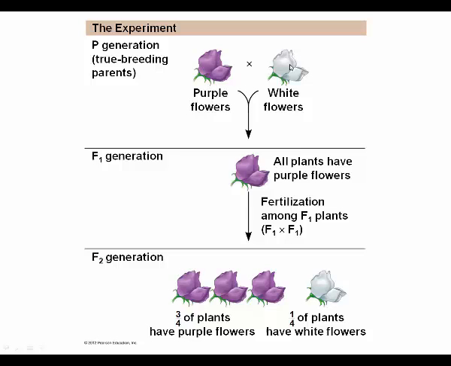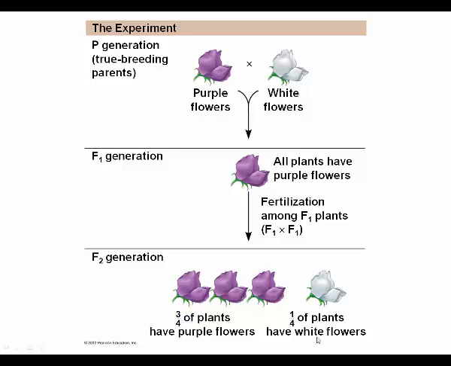When he mated these two P generation plants, whether he made purple or white female or male didn't matter. The F1 generation was always purple flowered. Something was masked, the white color was masked, and that was considered to be recessive. When he self-fertilized the F1 plants or fertilized between siblings in the F1 generation, he got a phenotypic ratio in the F2 of 3:1 purple to white flower.